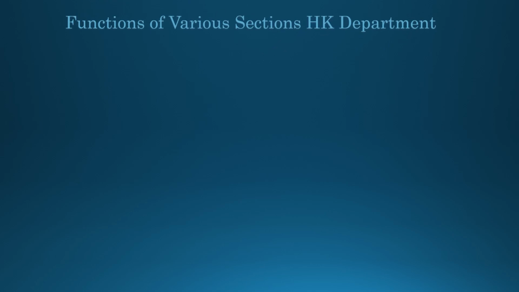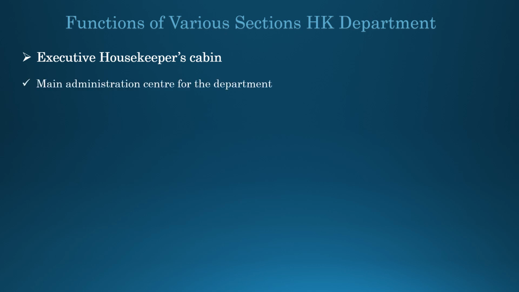Let's see the functions of various sections in housekeeping department. Executive housekeeper cabin. The executive housekeeper should have an independent cabin since it is the administrative center of the department.